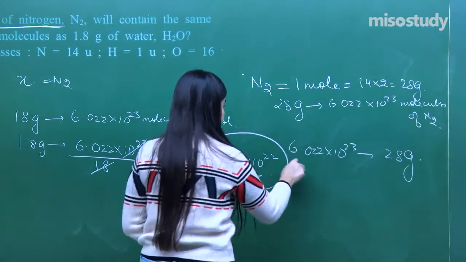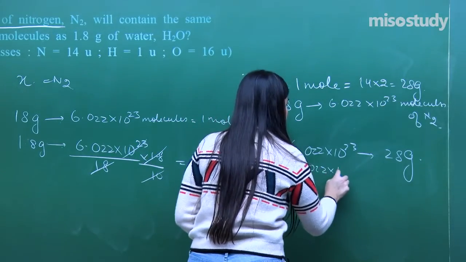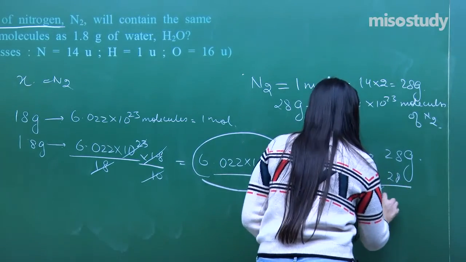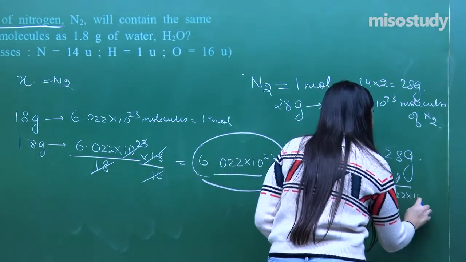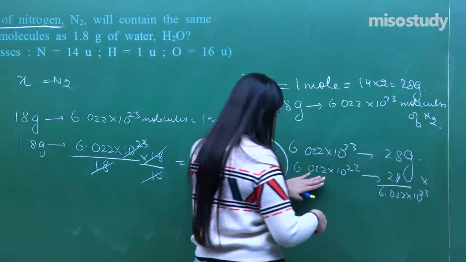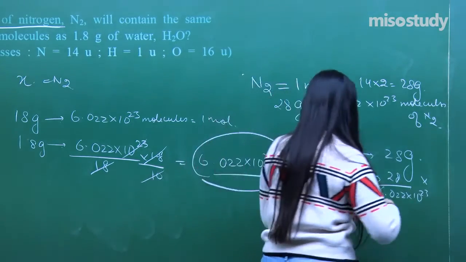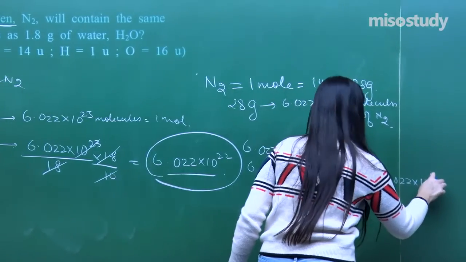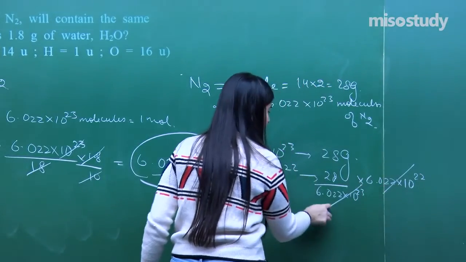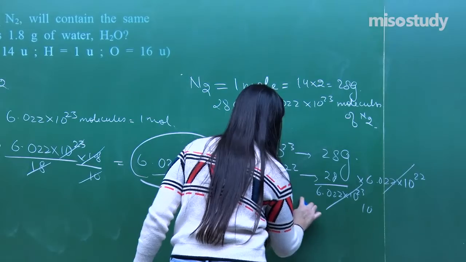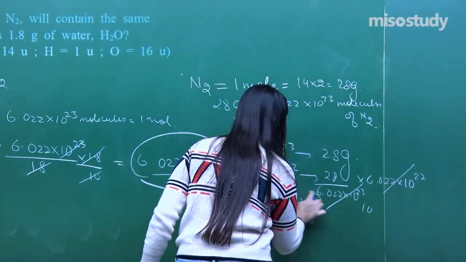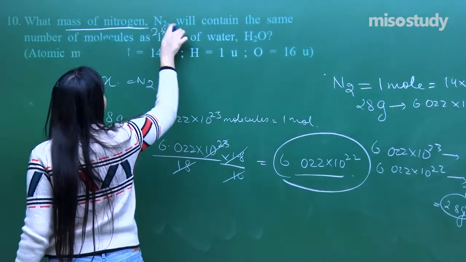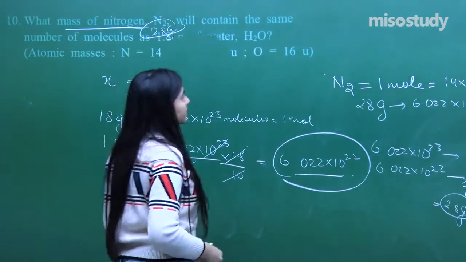That means 6.022 into 10 to the power 22 will correspond to 6.022 into 10 to the power 23 times 28 divided by 6.022 into 10 to the power 22. Cut it, 10 will be remaining, so 2.8 grams of nitrogen gas. What is the mass of the nitrogen gas? 2.8 grams. Got it?